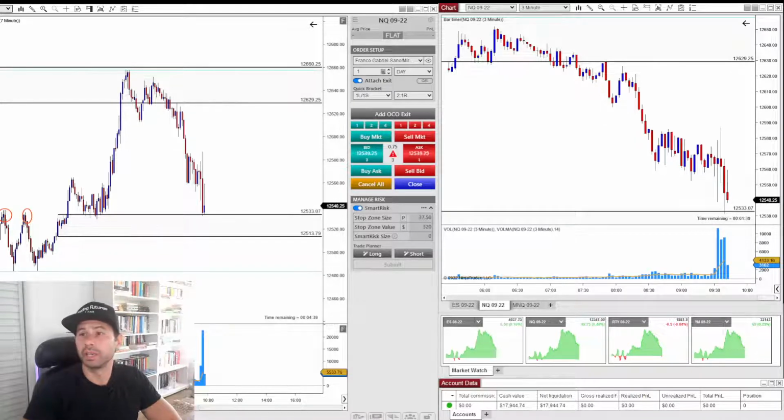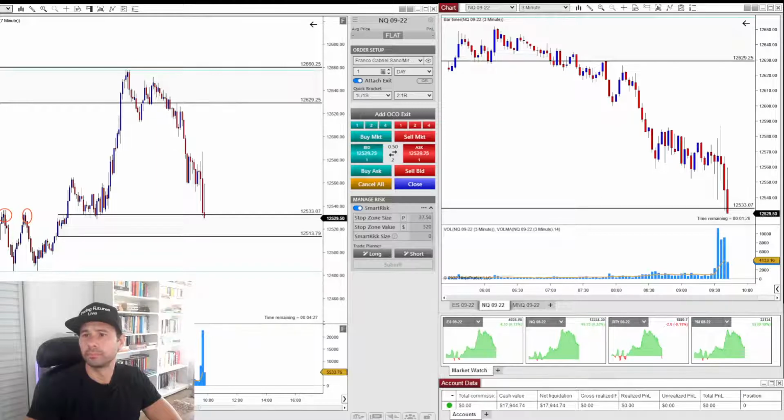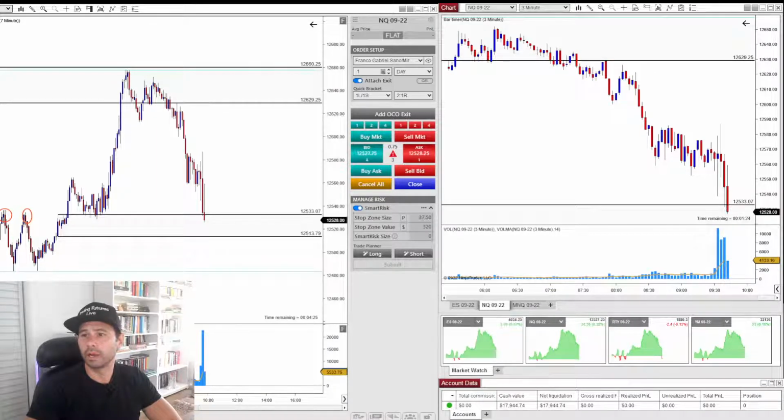JOLTS job openings. We did have some housing price indexes and stuff that are not very impactful to the market. But yes, we have to wait for the consumer confidence and the JOLTS job openings at 10.